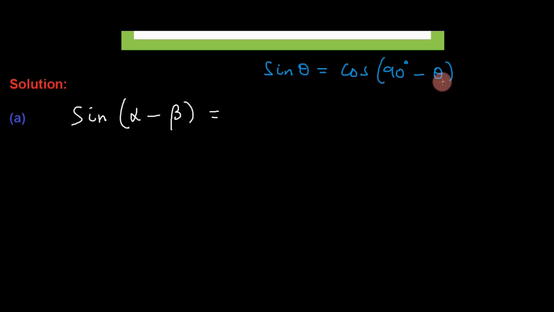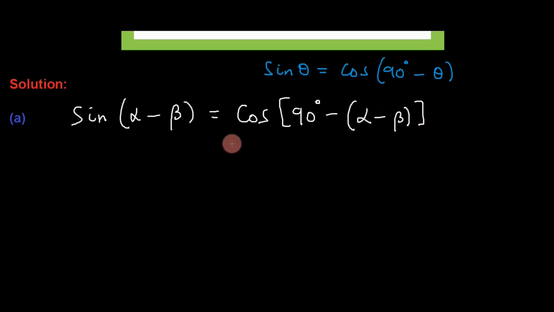So we're going to replace theta in this equation with alpha minus beta. So the sine of alpha minus beta is the same as the cos of 90 degrees, not minus theta, but minus [alpha minus beta]. So this is the same as saying the sine of theta equals the cos of 90 degrees minus theta.